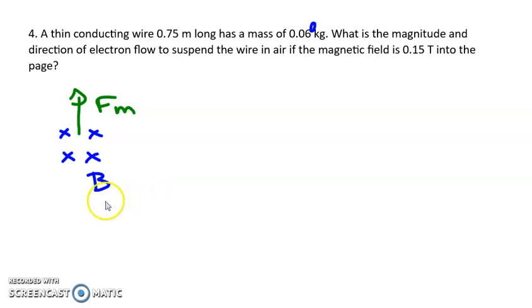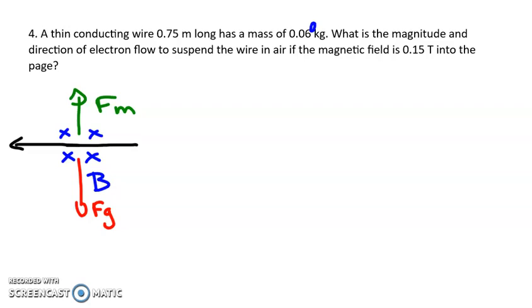Now this will have to be equal and opposite to the way gravity works, right? And so the gravity's here. In order to suspend the wire, if you've got your pointer finger pointing into the page here, and you've got your middle finger pointing up, because it's counteracting the gravity, in which case your thumb, which shows the velocity, is this way.